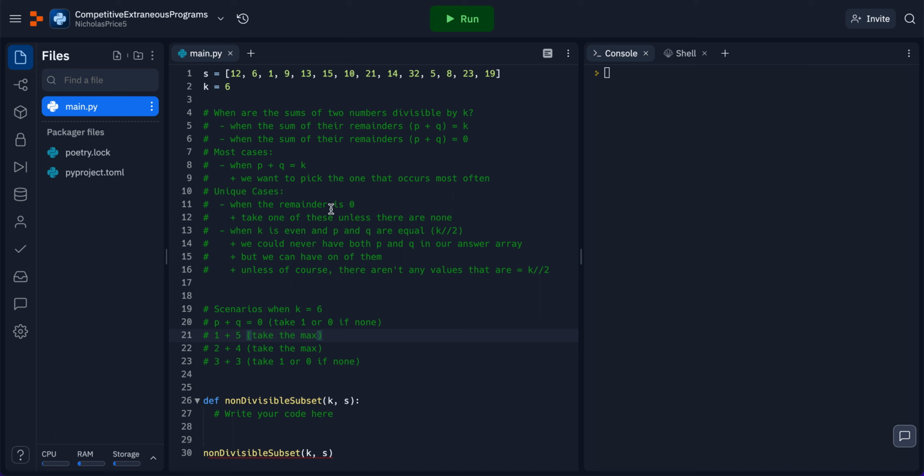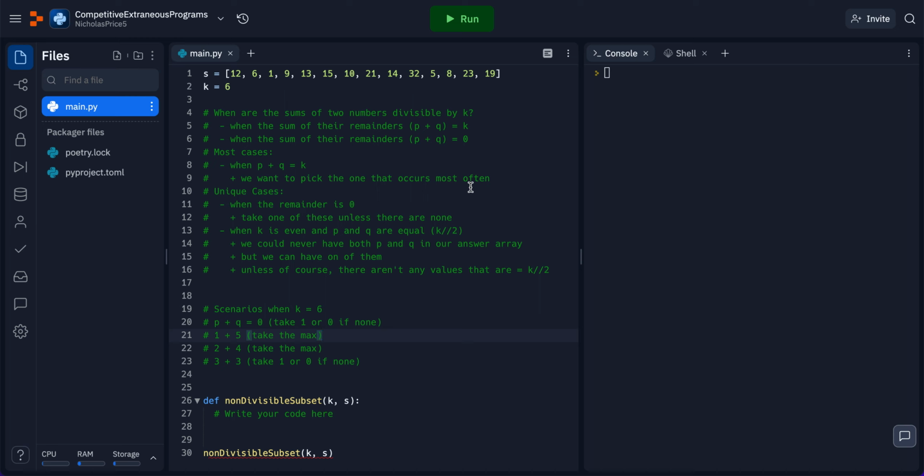Okay, so that leaves one last unique scenario, and it only occurs when k is even. So when you take k, if k is 6, we can wind up in a scenario where p and q are both equal to half of k. So what would half of k be equal to? Half of k would be equal to 3, remainder 3.